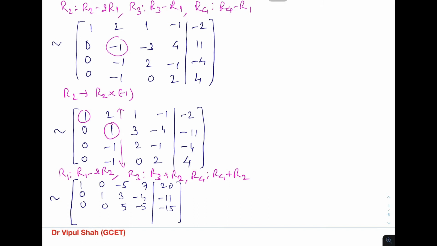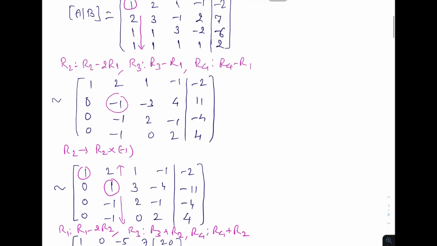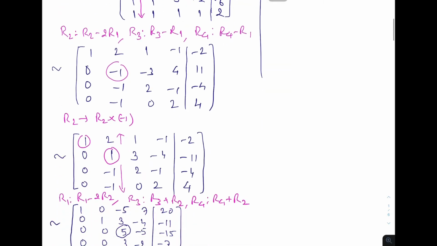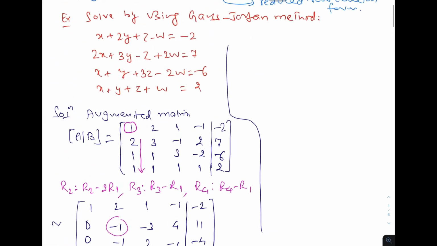Similarly R4 plus R2, just add these two, so that is nothing but 0 0 3 minus 2, and just add here, minus 7. Okay, now we make these to be 1, so now we do here R3 multiplied by 1 by 5.